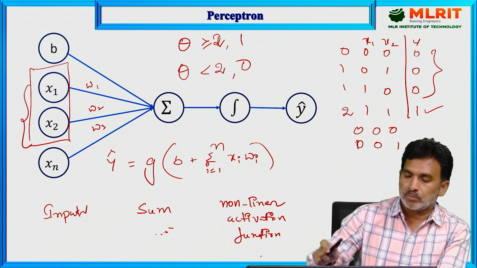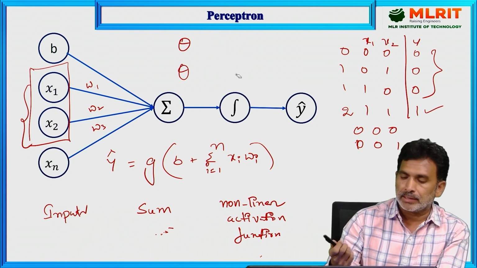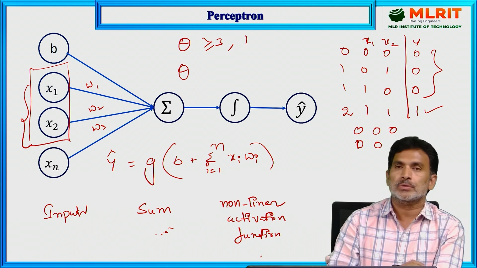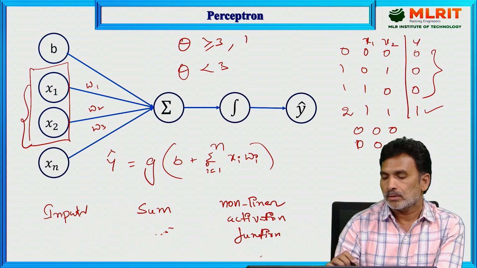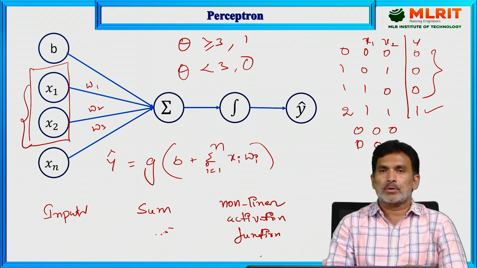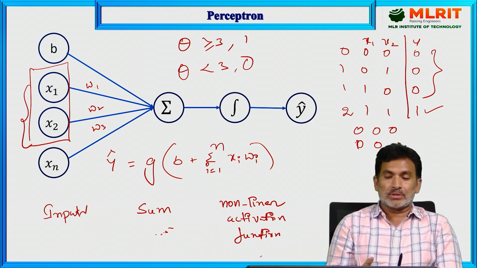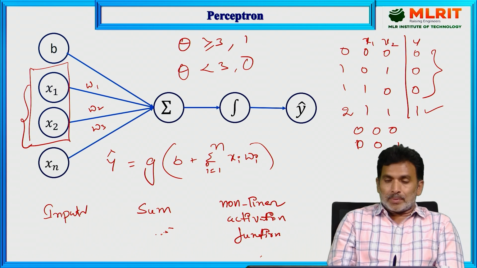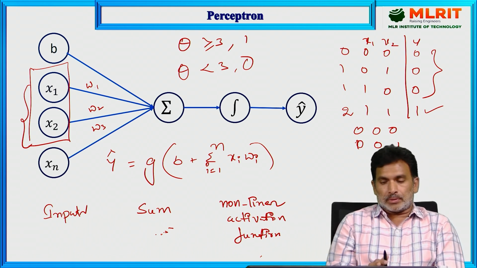In that case, we can modify the threshold value: when theta is greater than or equal to 3, it has to produce 1, and when theta is less than 3, it has to produce 0. That is the way we can define the activation function or the threshold, simply by setting the threshold to produce the output.